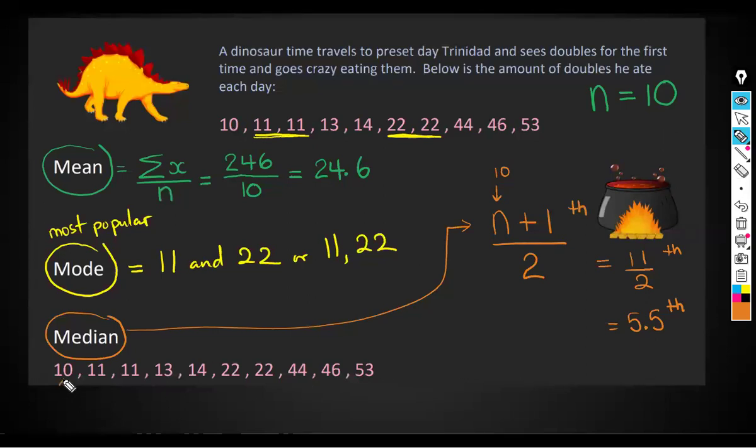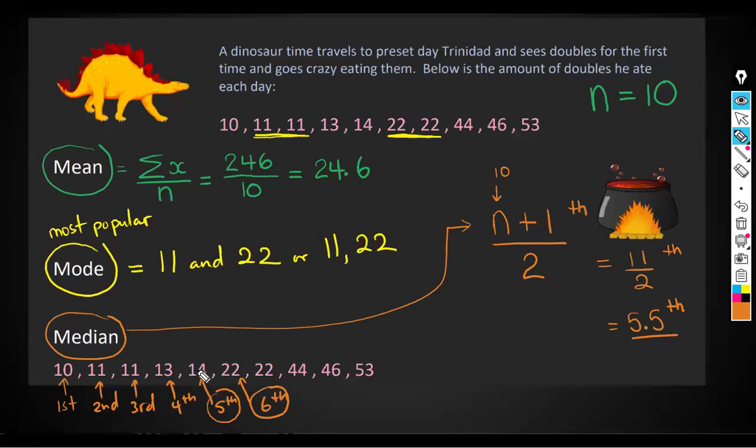So let's go ahead. Let's go over here. Here's first place. Here's second. It'll take a little while, sorry. Third. Fourth. Is fifth. And the next one is sixth. Right? So where does 5.5 live? Doesn't 5.5 live in between fifth place and sixth place?